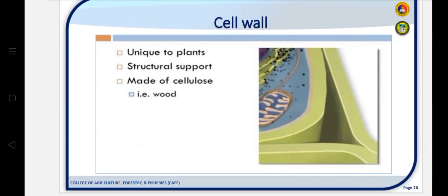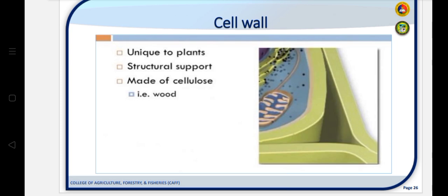Now, let's compare the cell membrane and the cell wall. Both of them act as boundaries, but they are not the same. Let's just recall the cell membrane. All cells have a cell membrane, and we can find it both in plants and animals. And remember, the cell membrane is like the security guard at the entrance.